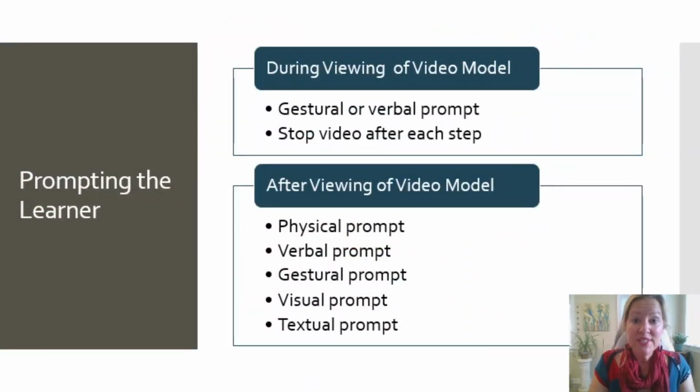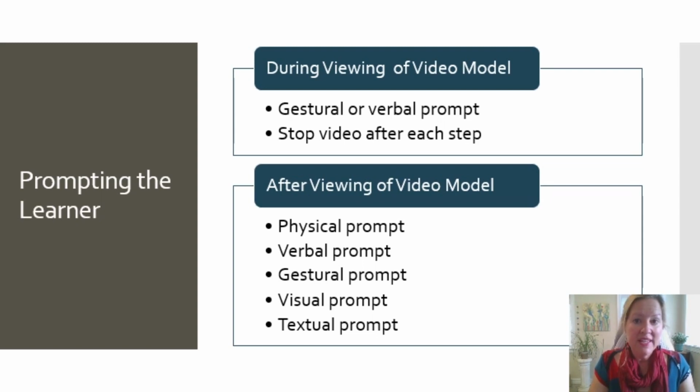Prompting can be used, together with video modeling, to promote success of the student. Prompting is an aid provided before or while the learner demonstrates the target behavior to encourage a correct response. There are different types of prompting that can be used with video modeling. Prompting can be used while the video is being viewed or afterwards when the learner is performing the task.